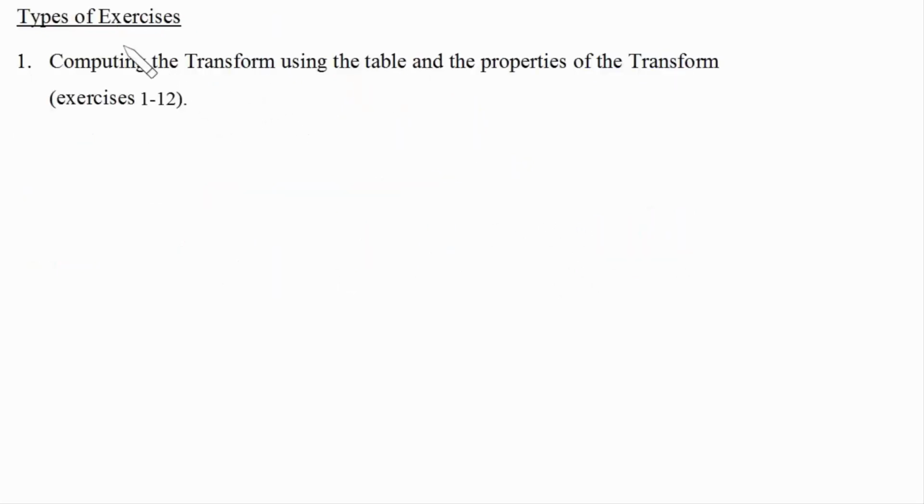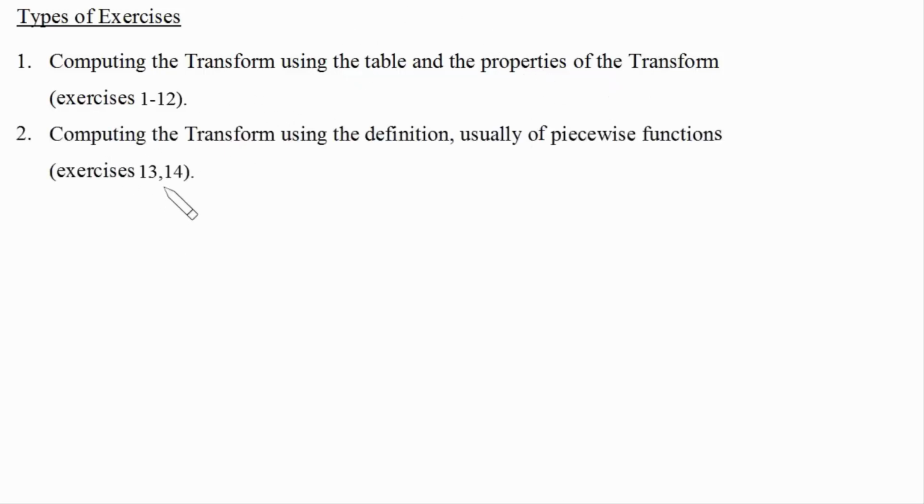Now I want to talk about the types of exercises, and there's quite a few of them, and they're sorted according to different types. Exercises to compute the transform of a certain function using the table and the properties of the transform that we gave. We had 2 properties. After that, there'll be a couple of exercises where we have to compute the transform from the definition, and it usually will be piecewise functions.